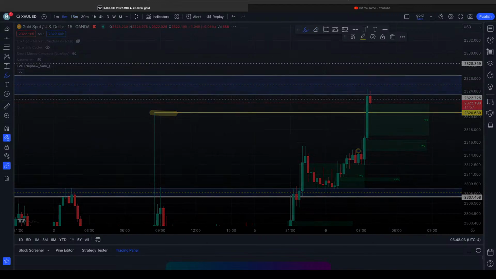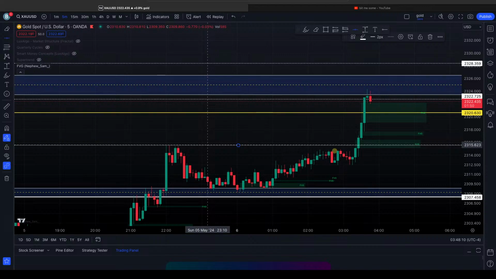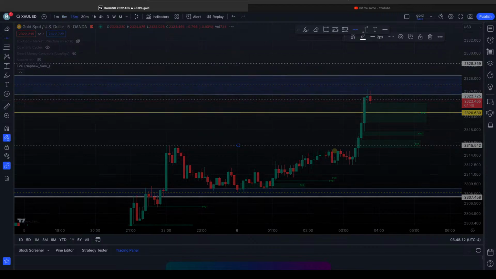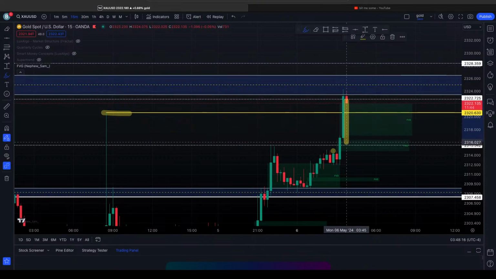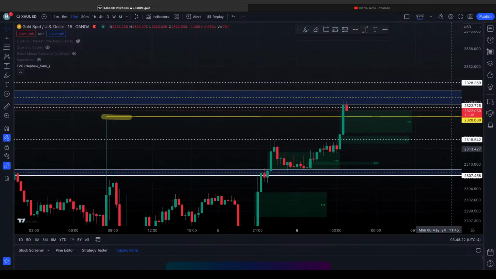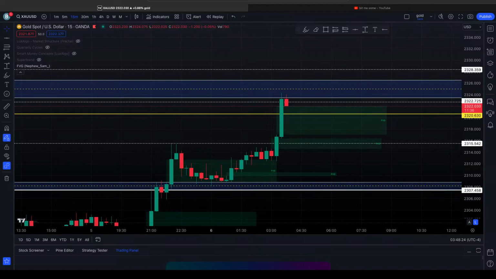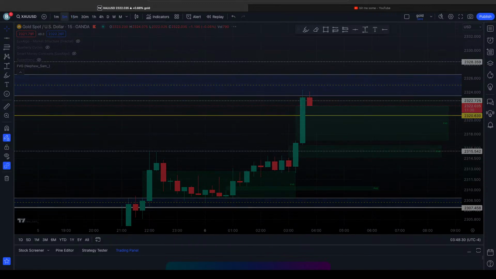So we'll go to the 5. And it's going to be anything that's above there, which is this candle right here. So I'm wondering if it's going to come all the way back down again. Yeah, it kind of does.